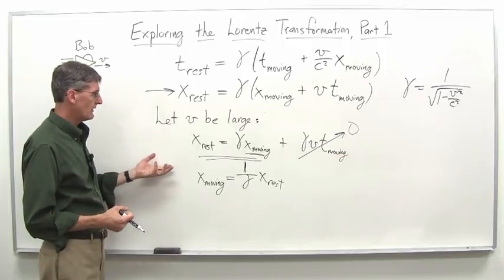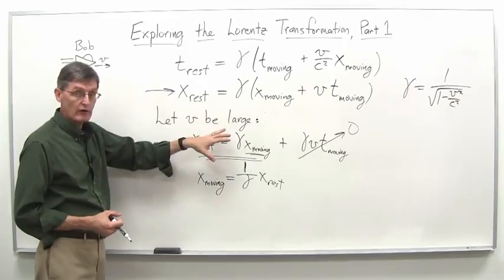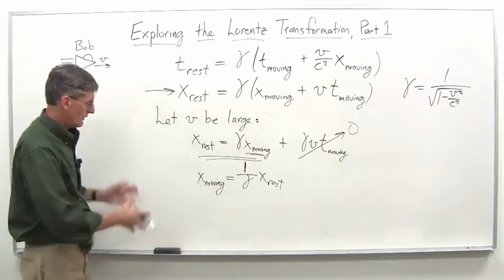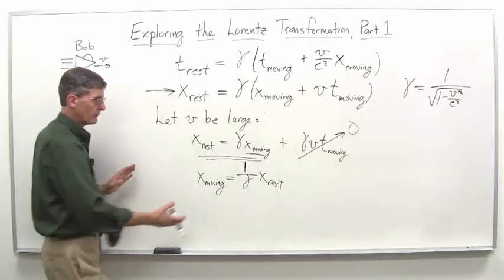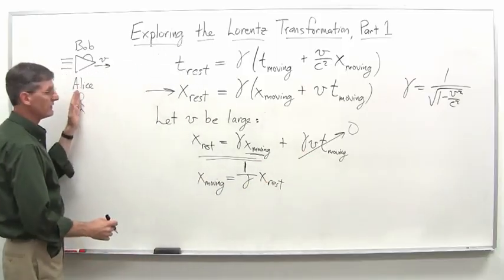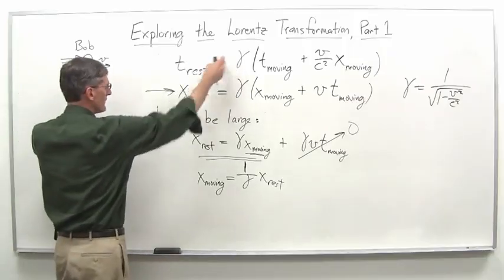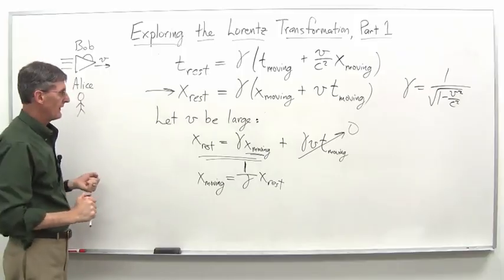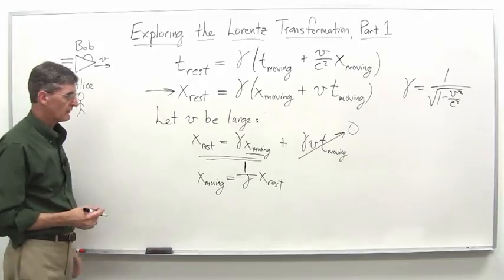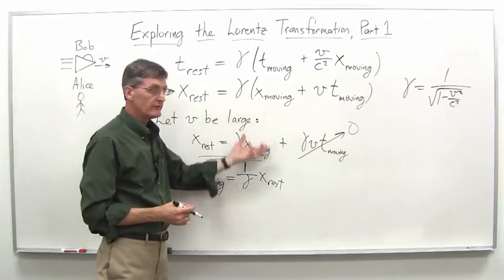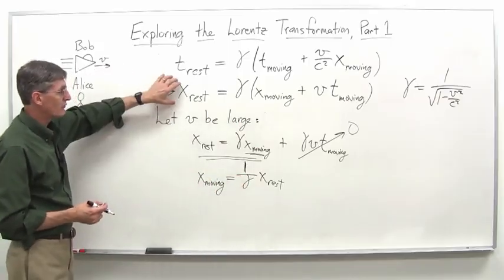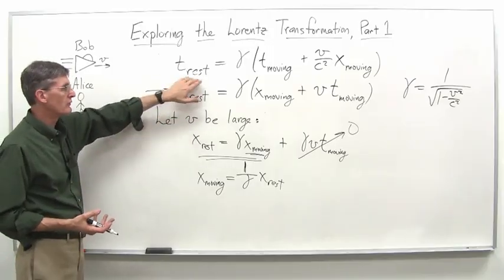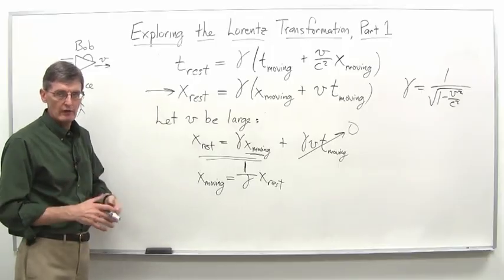We also see that when v is large, we get the length contraction effect coming out of it, where again, length contraction in the simplest case is simply when Bob measures something at t equals 0, so he's there, Alice is there, Bob measures a certain length, and then Alice gets that length as well, and you get the length contraction effect going on there. So that's in there as well, and so that's exploring the x equation here. In our next video clip, part 2, we want to do a little bit of exploration of the time equation.